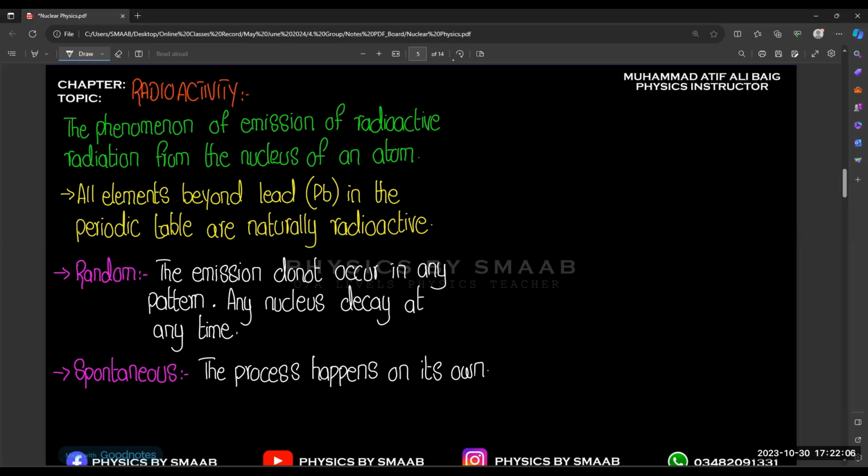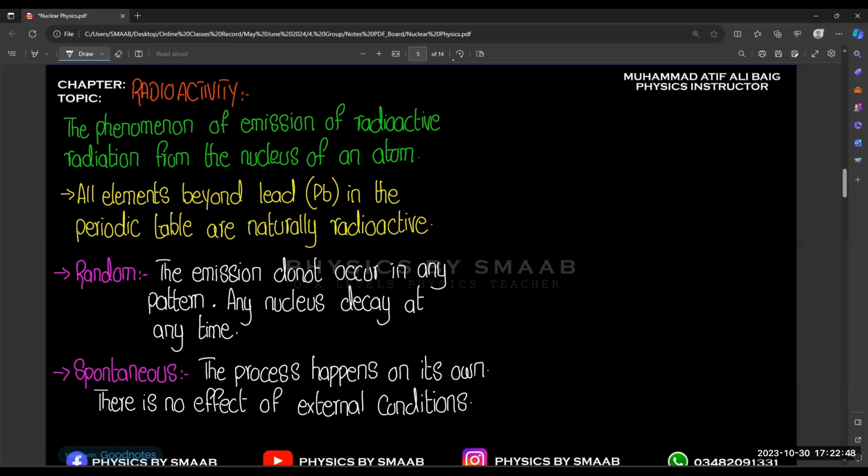There is no effect of external conditions. External conditions mean the temperature and the pressure of the atmosphere, because in the previous chapters we discussed factors affecting different quantities, right?